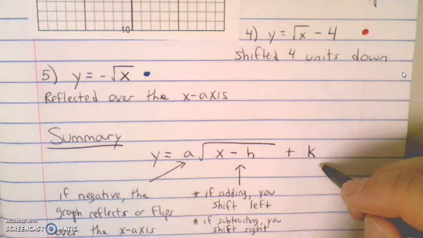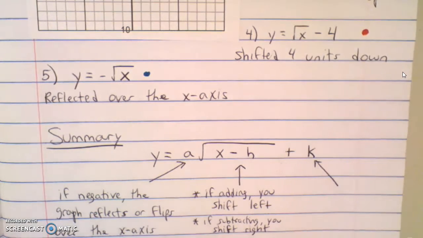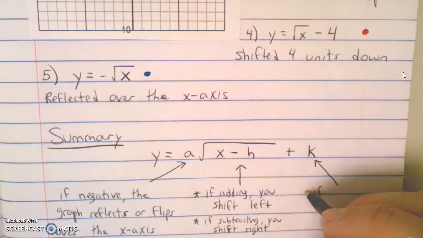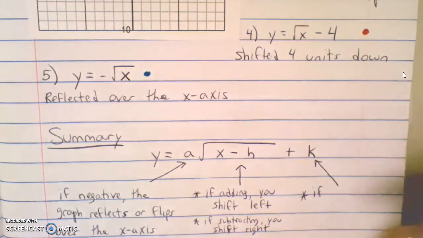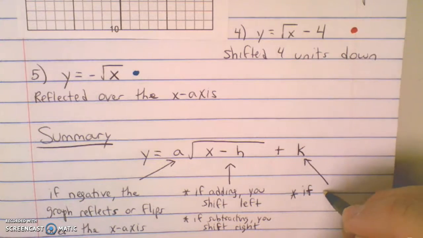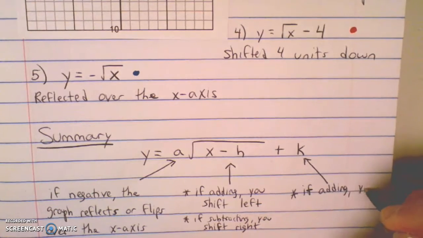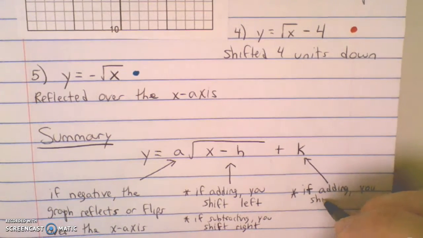And then for the k value, that's the one that has the movements that go with what we're used to or what we would expect. So if adding on the outside, you shift up.